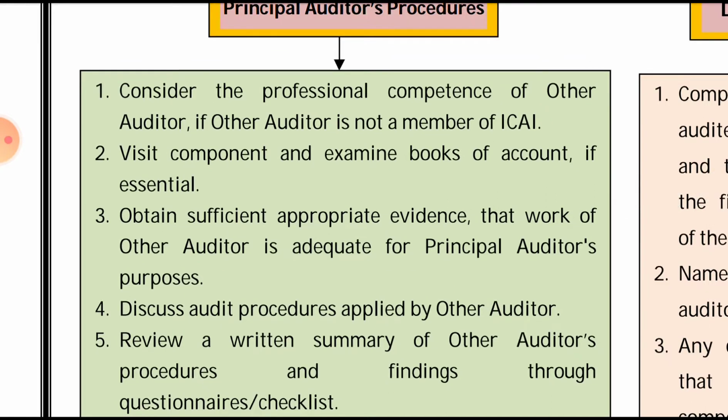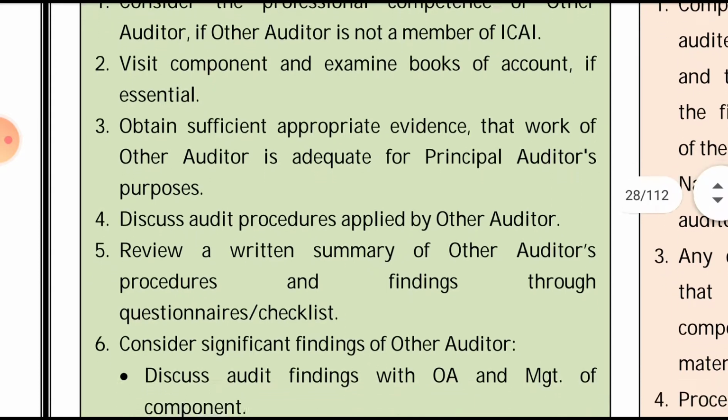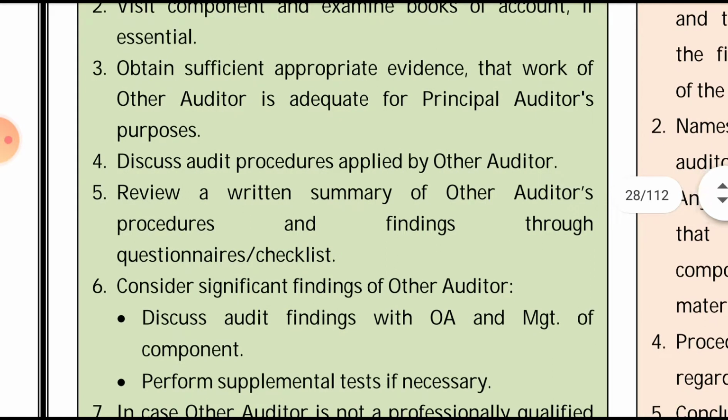Third, obtain sufficient appropriate audit evidence that the work of the other auditor is adequate for the principal auditor's purpose. Then discuss the audit procedures applied by the other auditor.